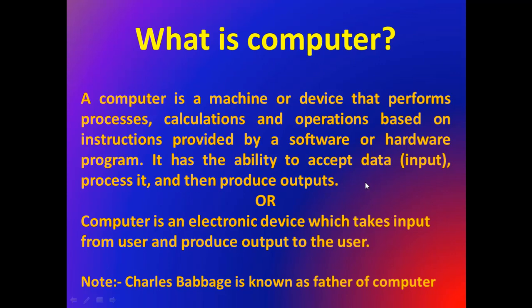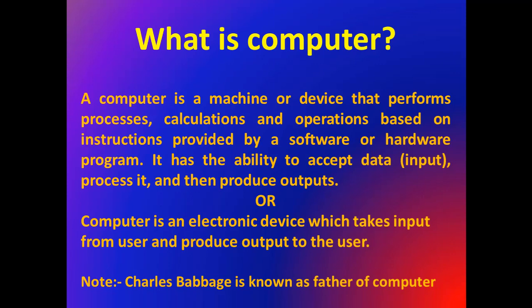Here is one important thing, that it accepts data. We always give instructions to the computer, and these instructions are known as input. After getting the input from the user, the computer processes it. After completing the processing, the computer produces outputs. So it means the computer does not do anything by itself. That depends on our instructions.